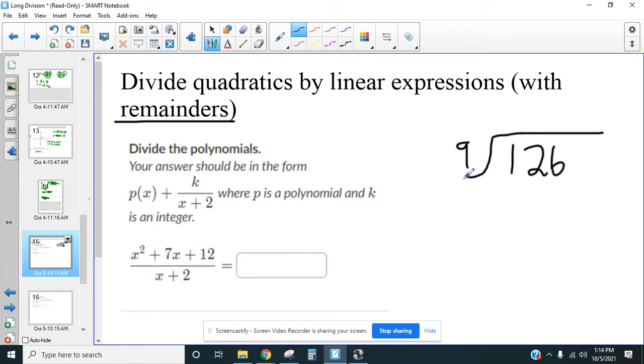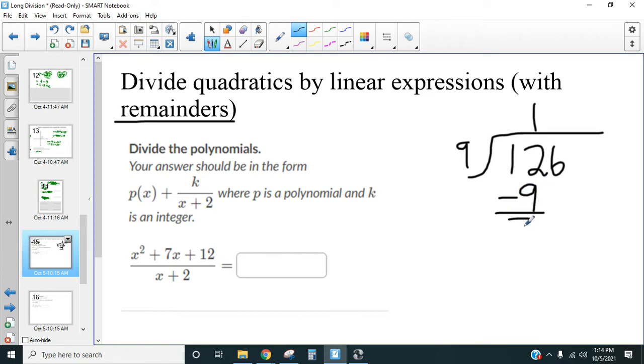If I tell you to do this and you're in fourth grade, you should be able to do that, at least at some point. Eventually. Now you may have forgotten how to do this, but the first thing that we did was how many 9s go into 12? Because obviously 9 does not go into 1, right? So how many 9s go into 12? 1 times 9.